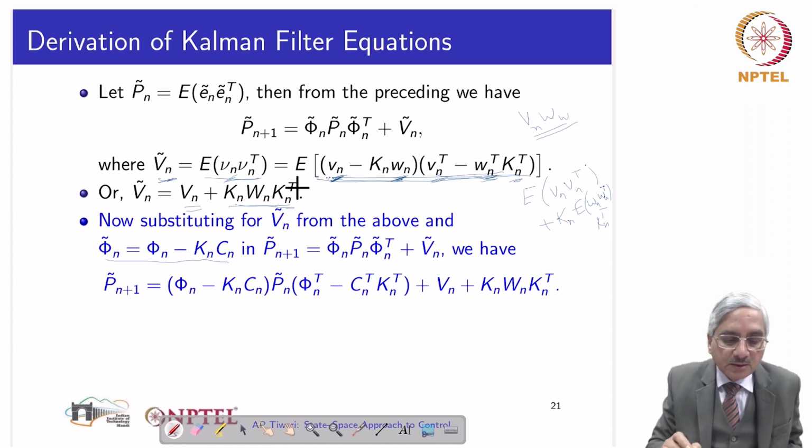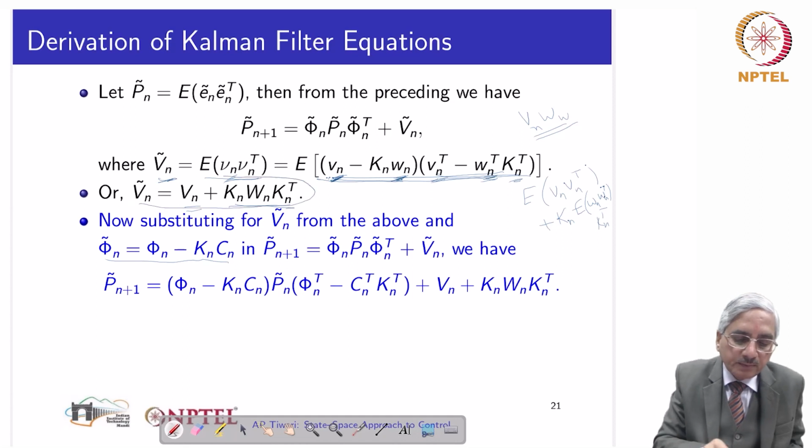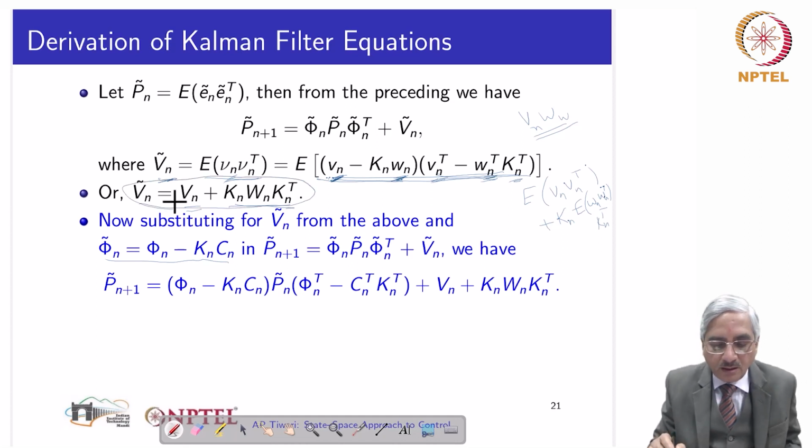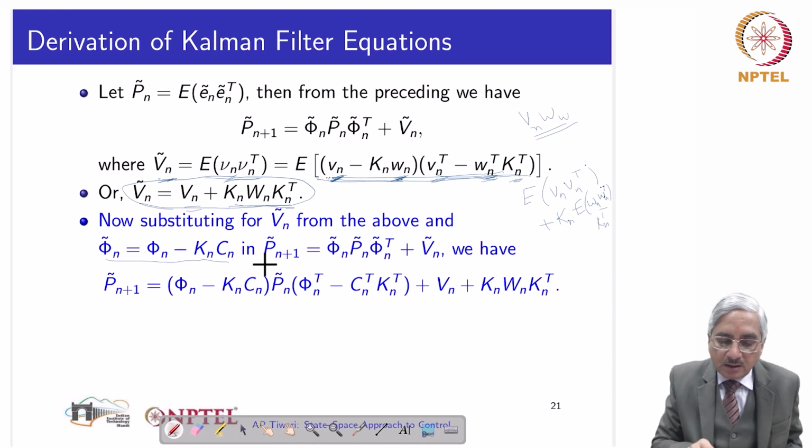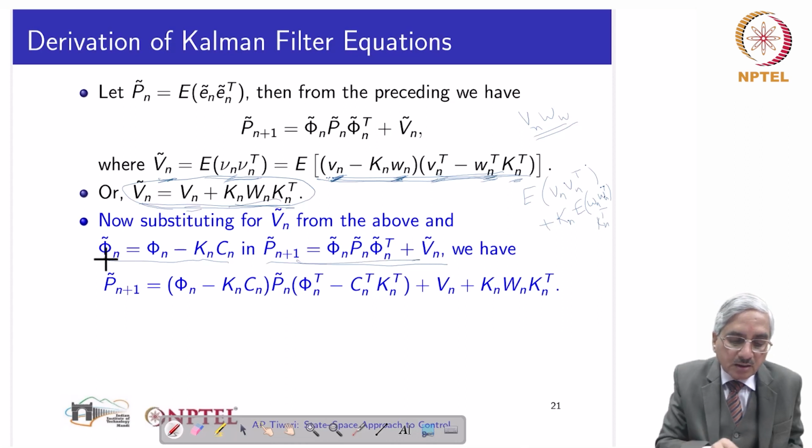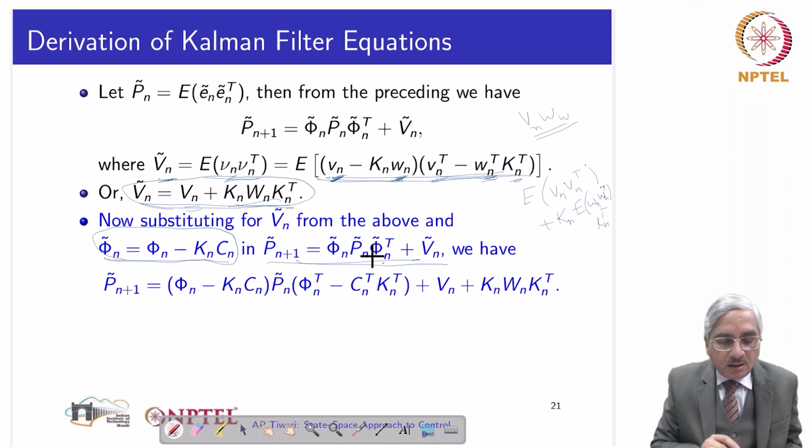Now what we do is substitute this Vn into this expression, and also this into this expression. So we get this equation from this. Pn plus 1 tilde gets expressed like this.